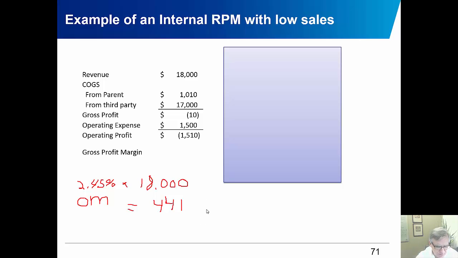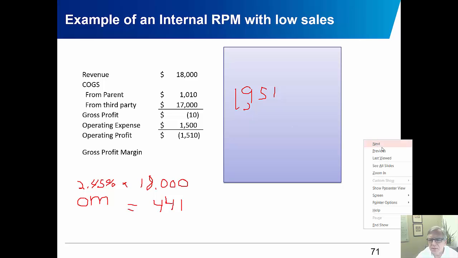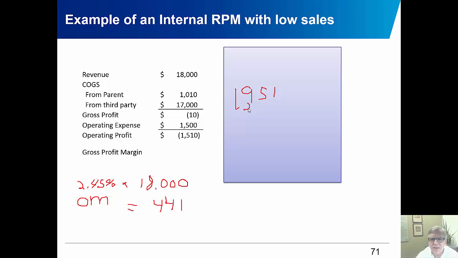But those two numbers together would be an adjustment of 1,951. That's actually more than what my parent charged me.